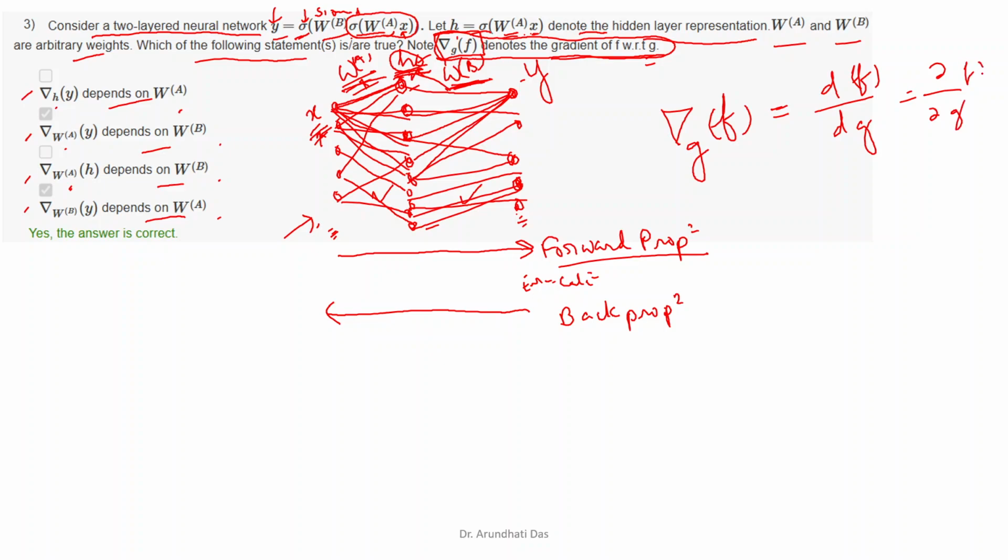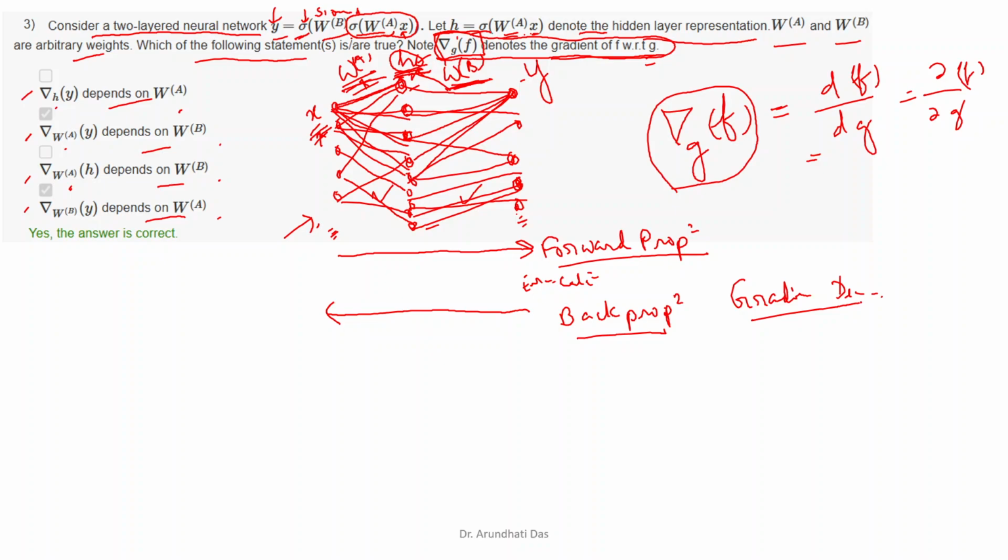So this gradient notation means we need to take the derivative with respect to some variable. In the back propagation algorithm, when we implement it, we implement it inside an algorithm called gradient descent.